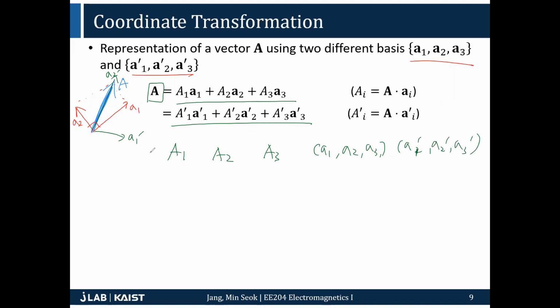Then how can we obtain the value of A1 prime, for instance? How do we know what A1 prime is? We know this, and we know what the basis vectors look like. If you want to obtain A1 prime, what should we do?